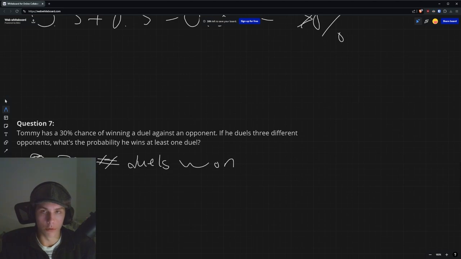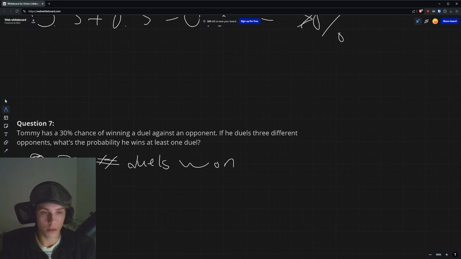So out of 3 duels, what are the possibilities of him winning? He can either lose all of them, win 1, win 2, or win 3. So we'll have 4 different options here. This is called a discrete random variable because it can only take on 4 different numbers, not an infinite amount of numbers.